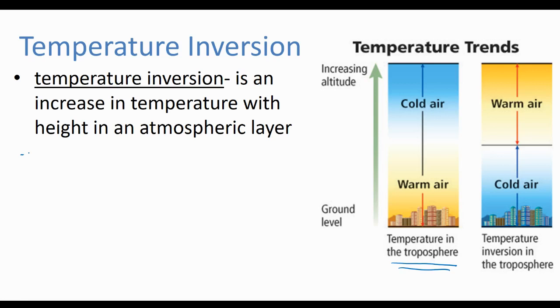Why would this happen? So some causes of a temperature inversion can happen if the land doesn't radiate thermal energy to the lower layers of the atmosphere.